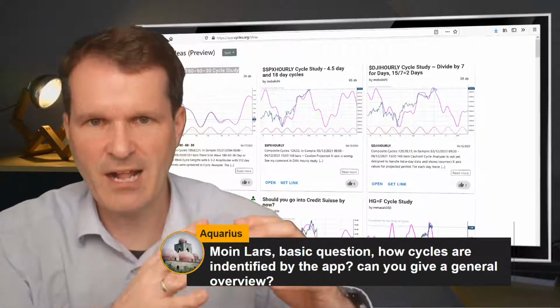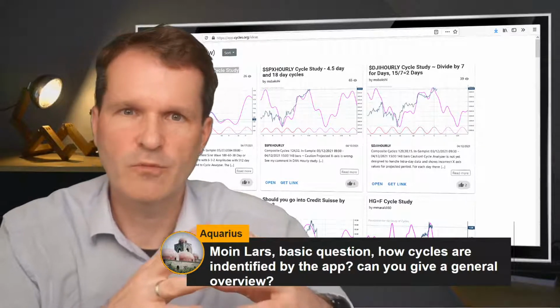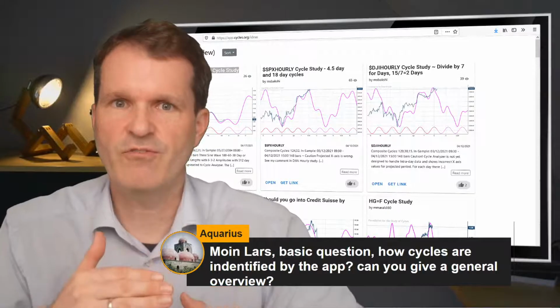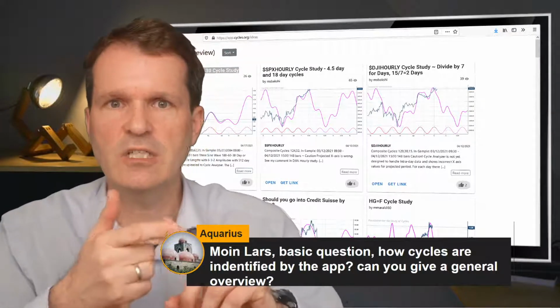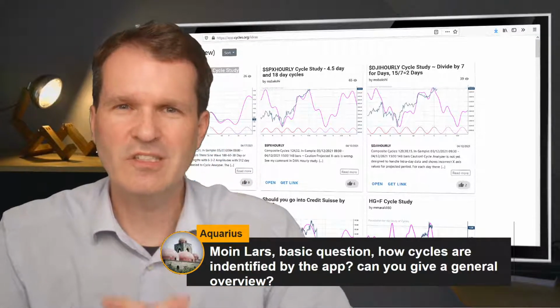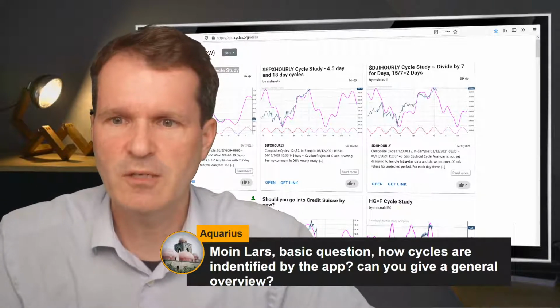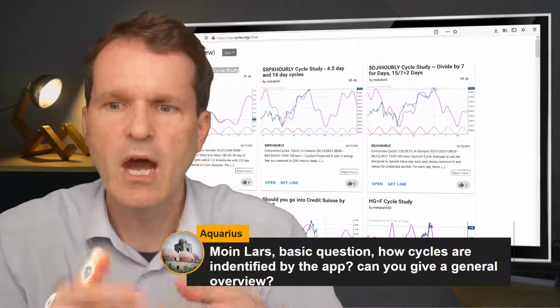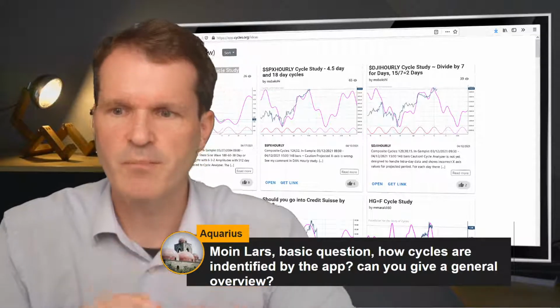The basic algorithm is the Fourier algorithm. We have extended the Fourier algorithm to deal with noisy data and short-term data sets. So it's not the pure standard Fourier. It's a little bit of an optimized Fourier based on the findings of Dewey, our colleague here in the foundation. But that's the basic fundament.